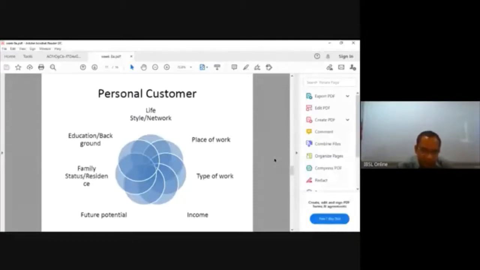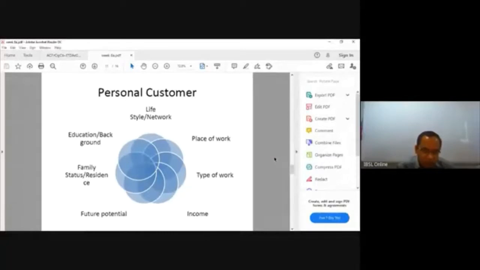What is the family status and residence, whether he's married or single, family, dependents, all that, whether he's a resident of Sri Lanka or working somewhere and visiting the country, and what is the future potential, where this particular individual is going.